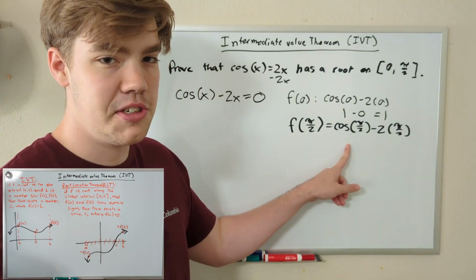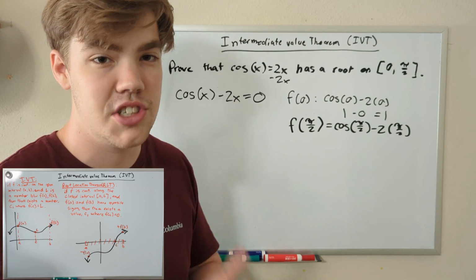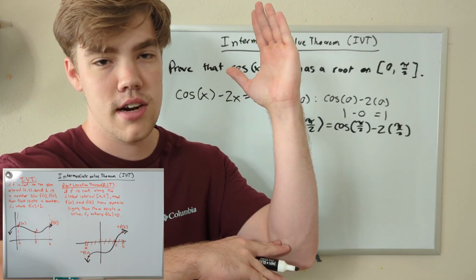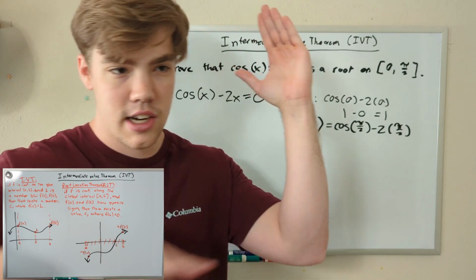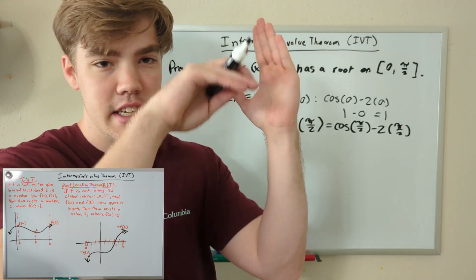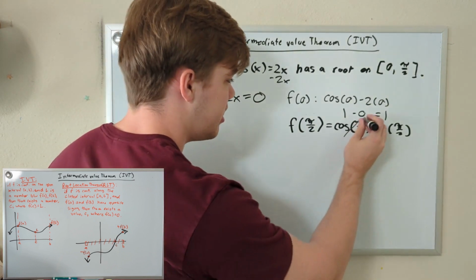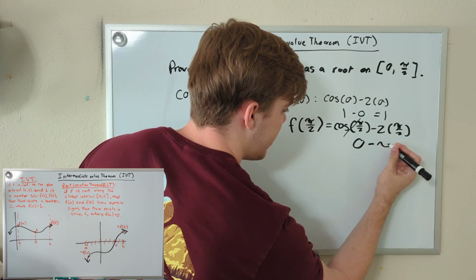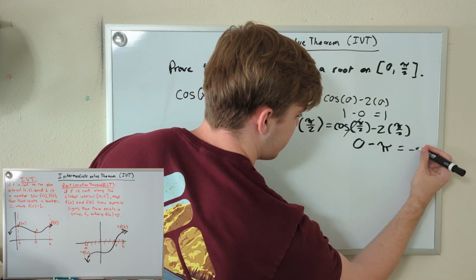Now cosine pi over 2, if you remember your unit circle, is equal to 0. Pi over 2 is similar to the 90-degree angle like this, and your cosine is whatever your x value is. Because cosine is not going out in either direction that way or that way, it's equal to 0. So this is just 0. So this is 0 minus, and 2 times pi over 2 is just pi. Therefore, this is equal to negative pi.